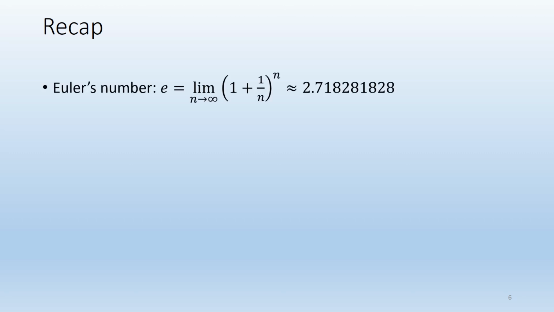We've seen that Euler's number e is calculated by working out what 1 plus 1 over n to the power of n is equal to as n gets very, very large, and it's approximately equal to 2.7. The natural exponential function is defined as y equals e to the power of x, Euler's number e there.